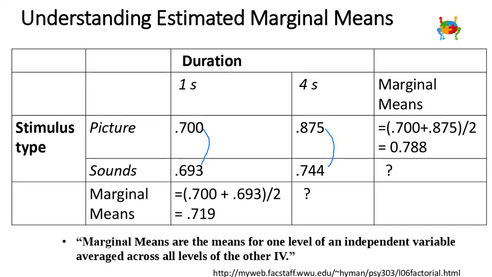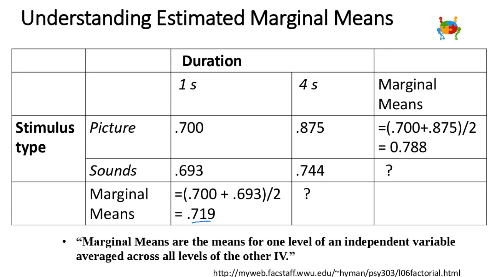So the marginal mean is simply the mean for one level of an independent variable averaged across all levels of the other independent variable. So let's say you're just looking at duration, and you don't care about the stimulus type, so you just add 0.700 and 0.693, and then you divide by 2, and you get 0.719.